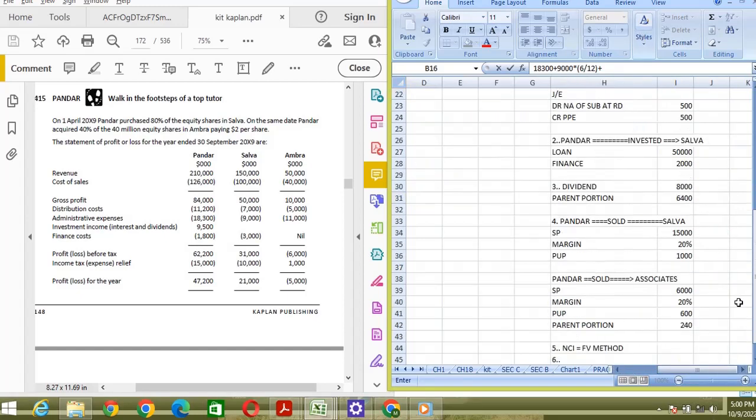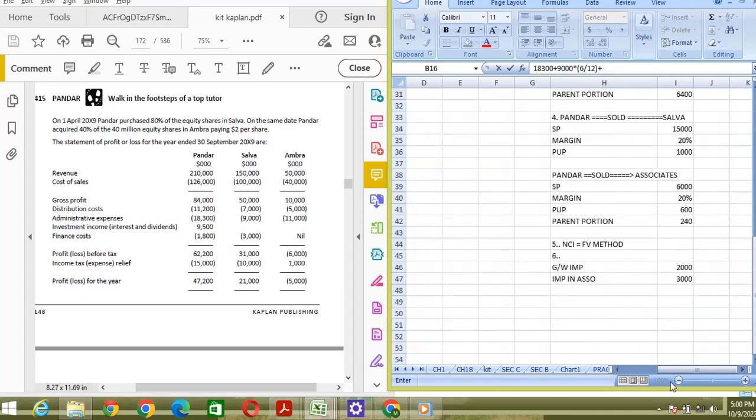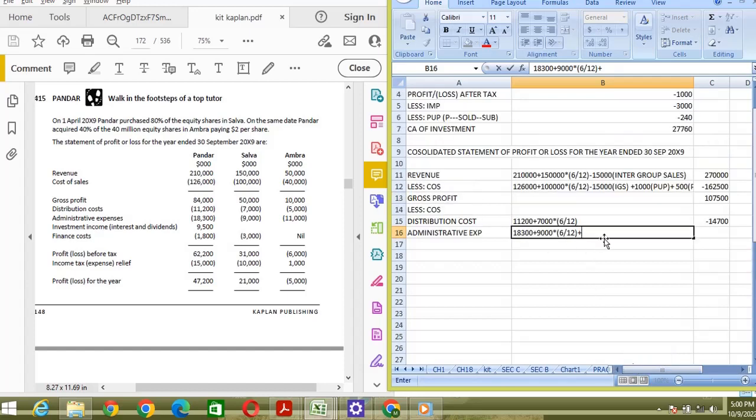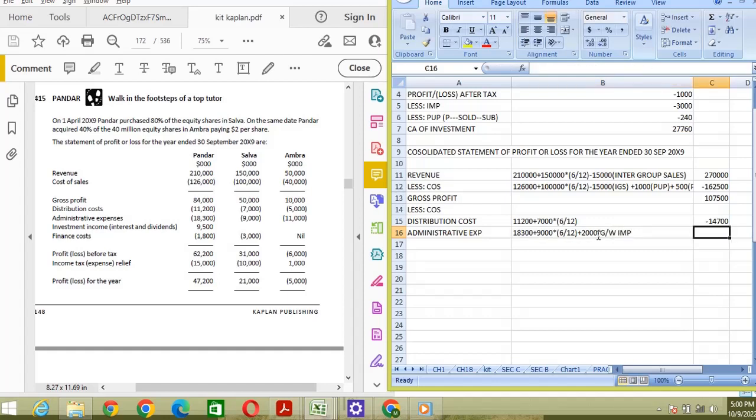We noted it down in the last point, yes, 2,000. We will add this amount to administrative expense. So 18,300 plus 9,000 into 6 divided by 12, then plus 2,000 goodwill impairment.